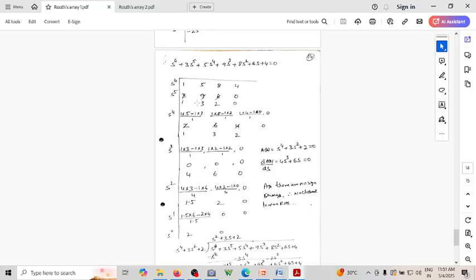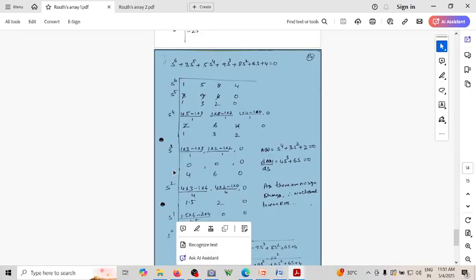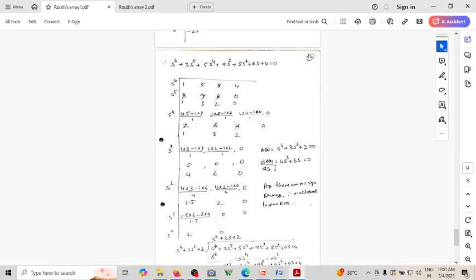I'm replacing it by 1 3 2, and you have 2 6 4, you replace it by 1 3 2. So when you do that, you can see it's becoming 0 0 0. When it is 0 0 0, it's our third case, where the entire row elements are 0. Then you have to take the auxiliary equation, then continue this by taking the derivative of the auxiliary equation. It is this.